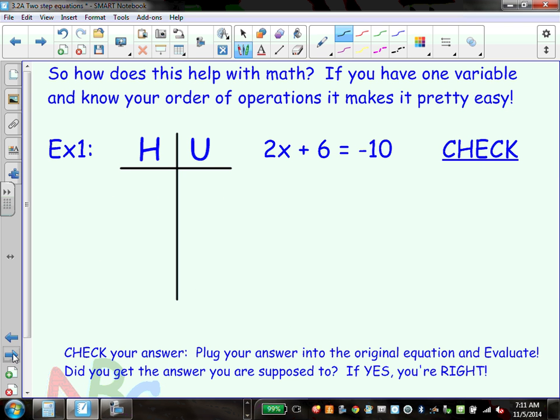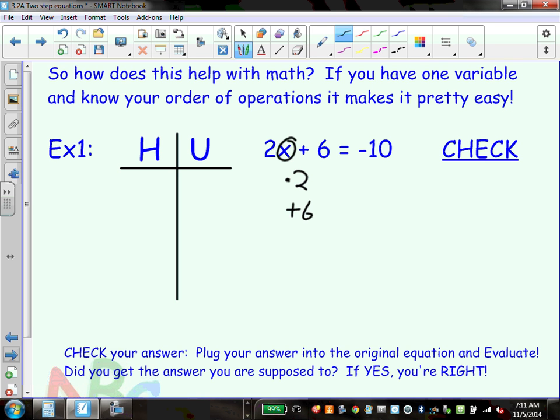If we have one variable and no order of operations, it's not that bad. It's not that hard. So here we have our variable. And what's happening to that variable is we have two things. We see that the variable is multiplying by 2, and we also see that to the variable we are adding 6.